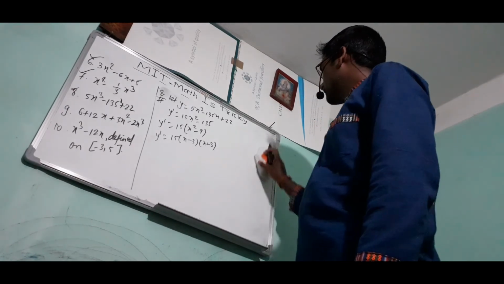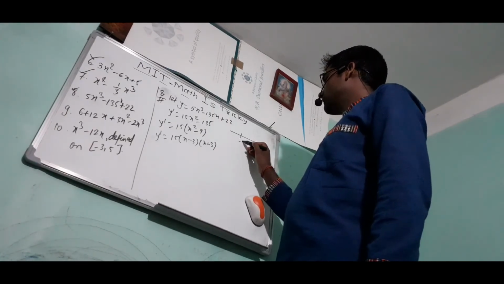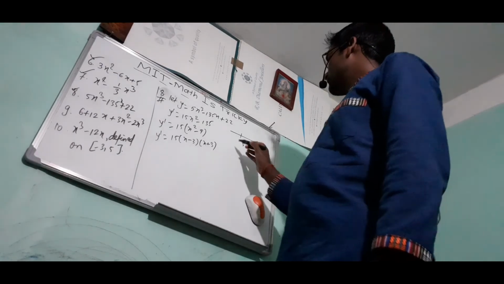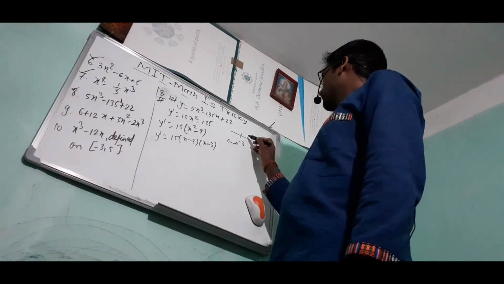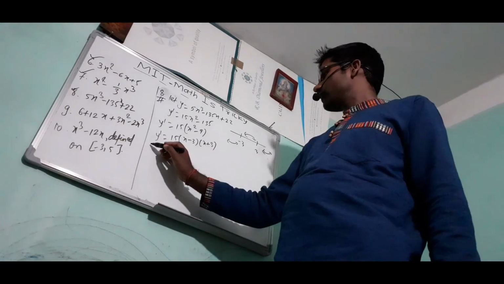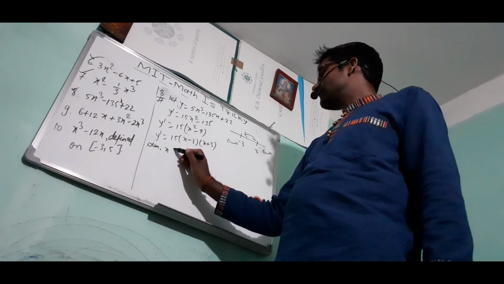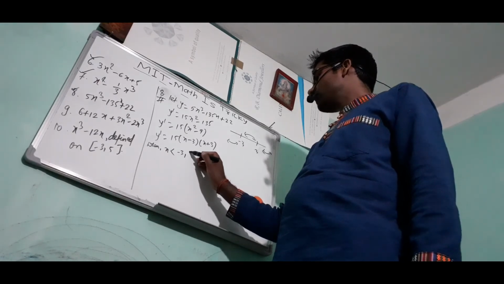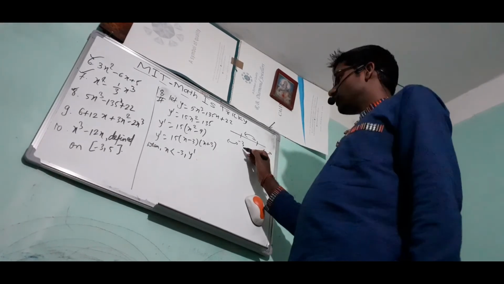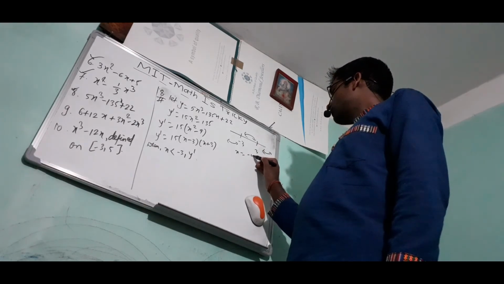It means for two values it is going to be 0, minus 3 and 3, as before. We'll make three intervals, the first one, second one and third one. So when x is less than minus 3, we can check y dash, we can take x equals minus 4.